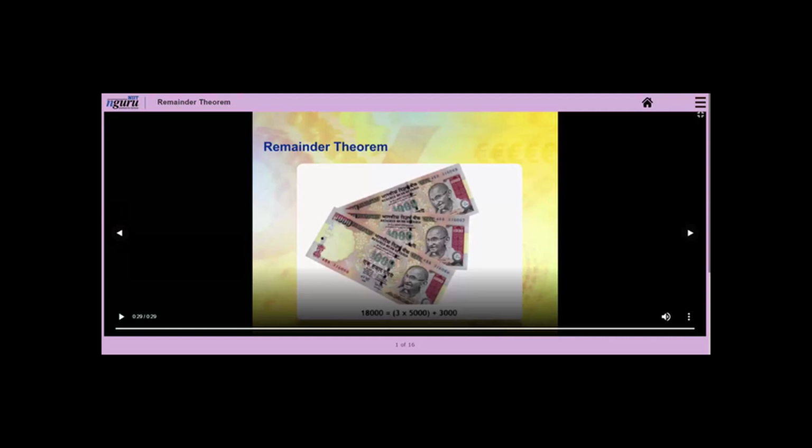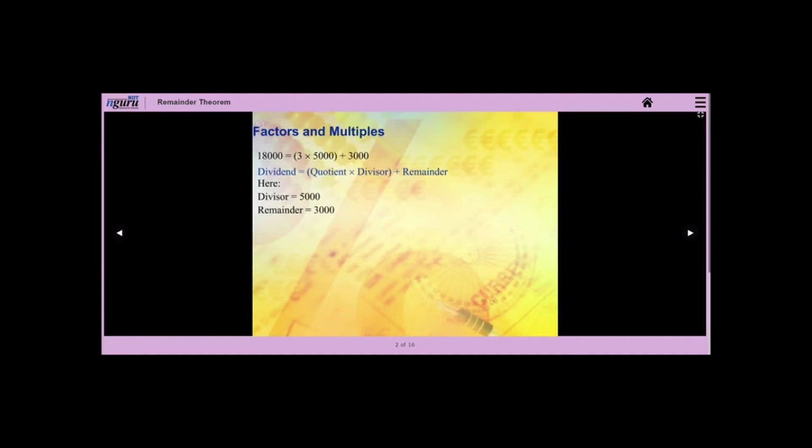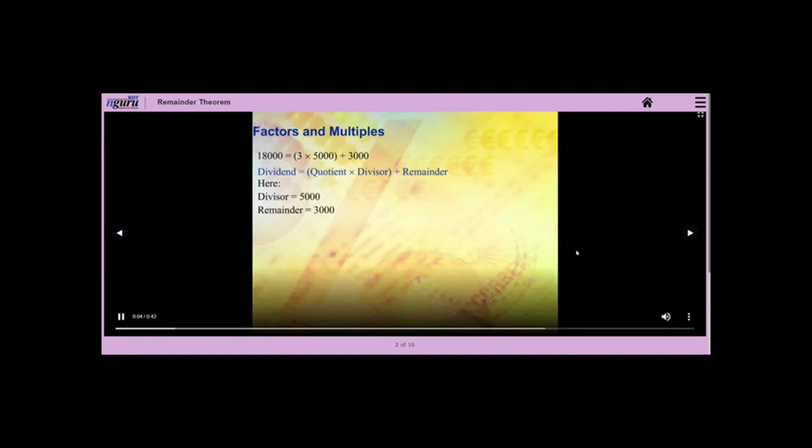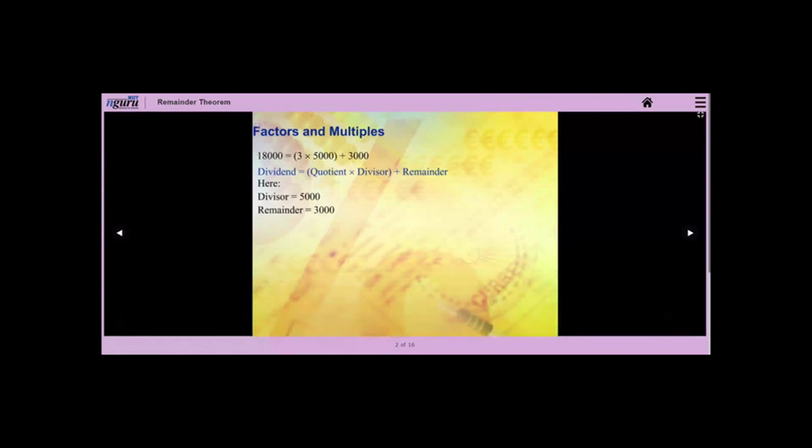18,000 rupees he had. He gave 5,000 to 3 people and 3,000 is left with him. So the equation is 18,000 equal to 3 into 5,000 plus 3,000. On comparing this equation with the results shown here, we get the divisor 5,000 and the remainder 3,000, which shows that the remainder is less than the divisor.